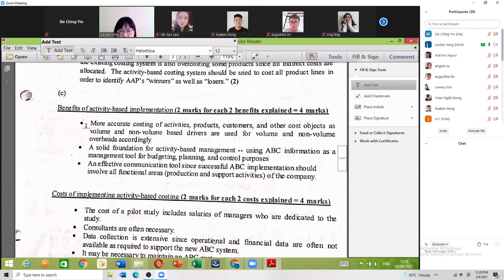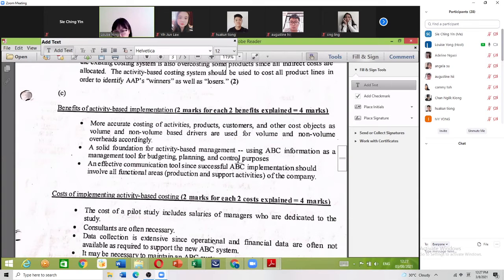cost object, if let's say you have a volume-based overhead, then you need to use your volume-based cost driver. If your overhead is a non-volume-based overhead cost, then you need to use a non-volume-based cost driver. So it is very accurate. Another benefit is a solid foundation of activity-based management accounting. We can use it for budgeting, planning and controlling purposes.